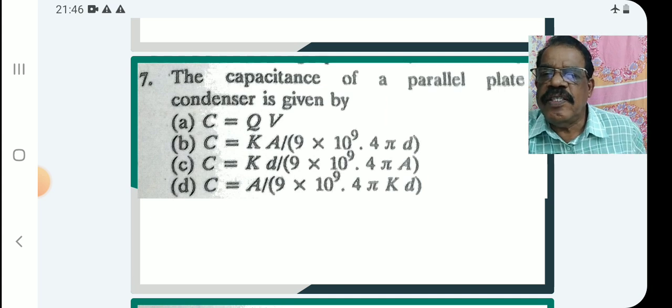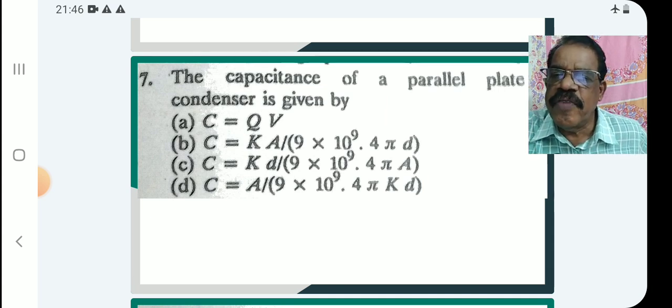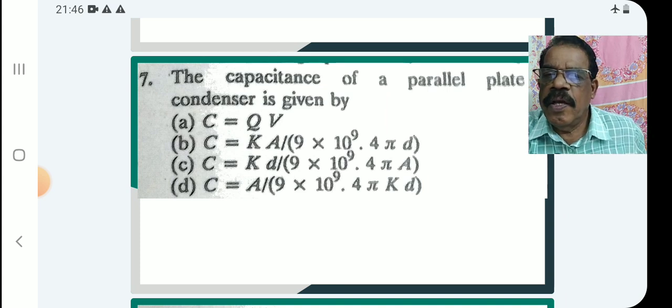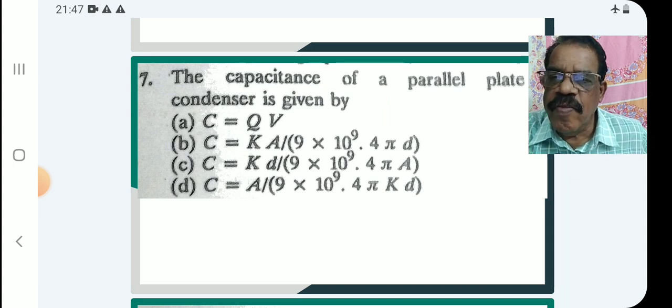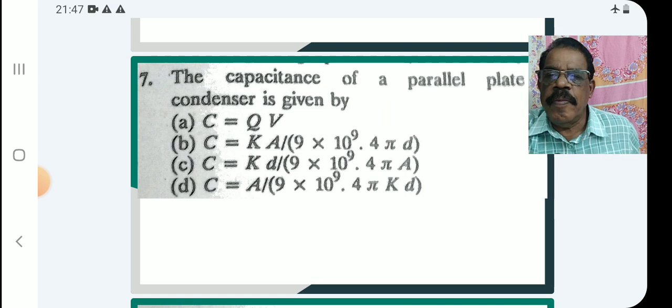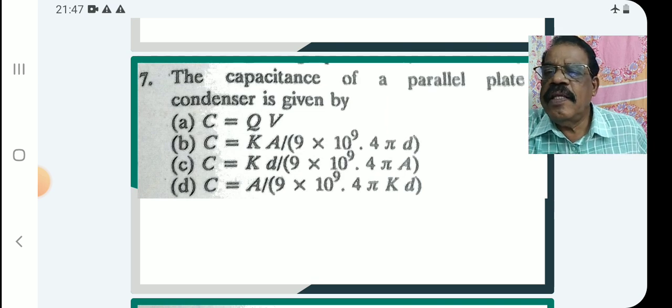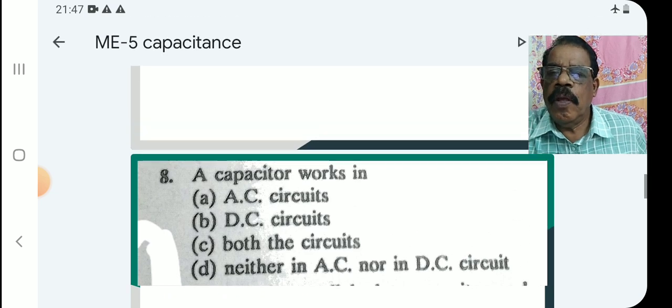So from which we can say epsilon R, here we write as K. Epsilon R is K. So epsilon 0, epsilon R, A by D: K or epsilon R will come in the numerator, A will come in the numerator, and D will come in the denominator. That relation is B. Question 7, answer B.